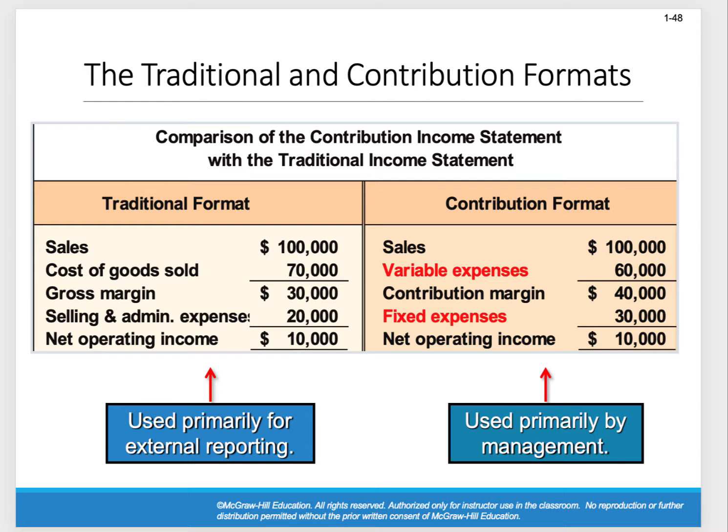So what is it? Well, the contribution margin is basically the money that is left after we have deducted variable expenses, and it's what's left to cover any fixed expenses and hopefully provide us with a net operating income. I'll say that again.